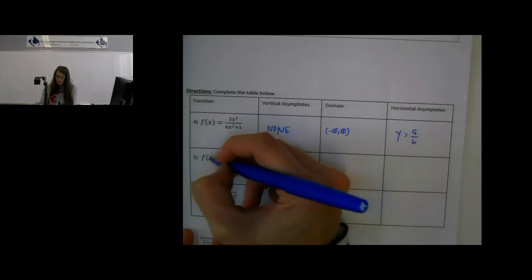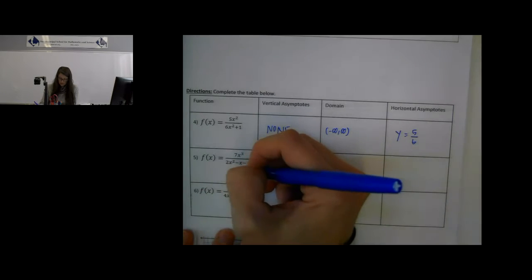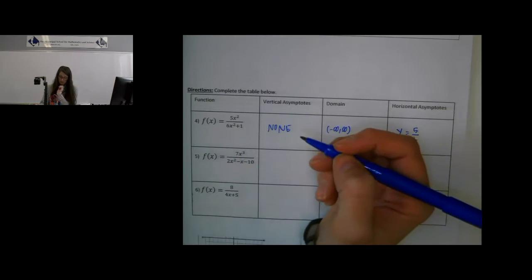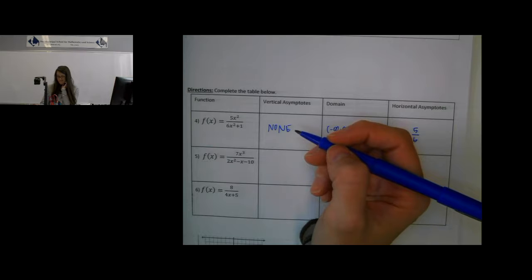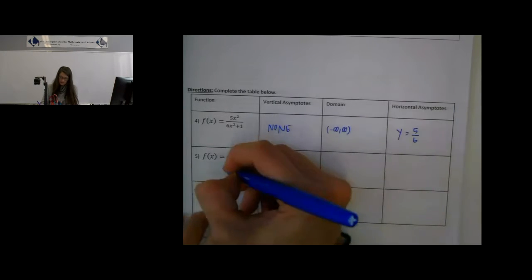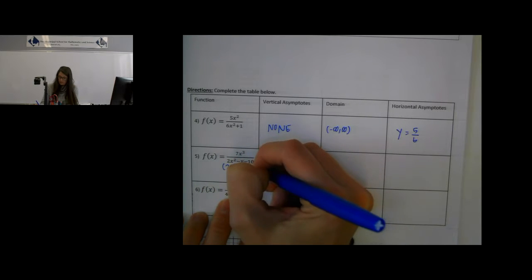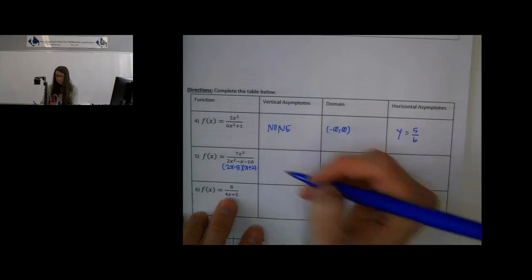Okay. I need to factor this one. So what can multiply together to give you -20 and add together to give you -1? Which is going to be -4 and -5. So that's going to be factored 2x minus 5 times x plus 2 there.